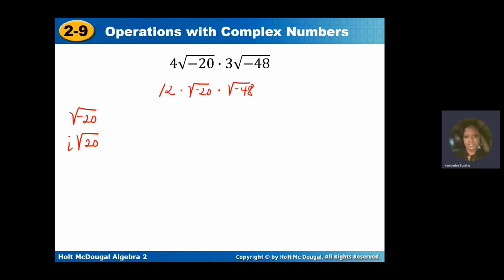What is the square root of 20 equal to? What is the square root of 20? 4 root 5, right? You said how much? Oh, 2 root 5, I'm sorry.